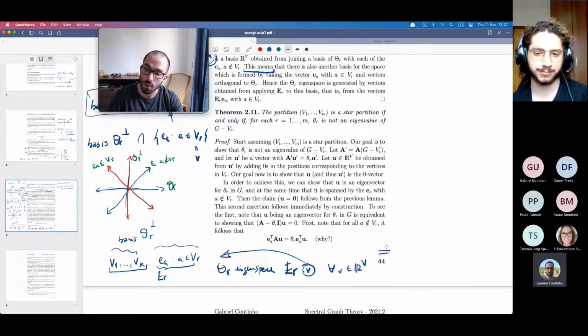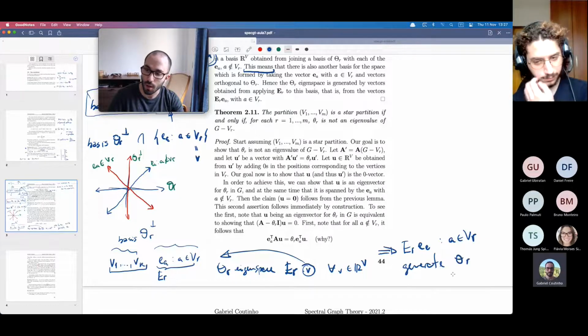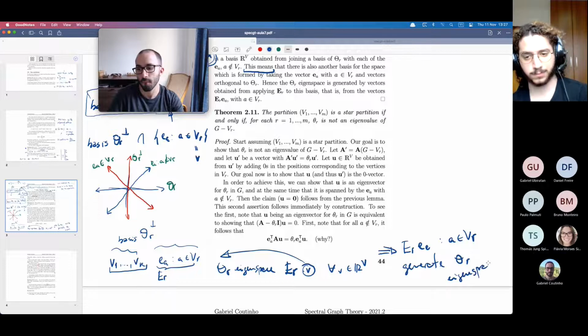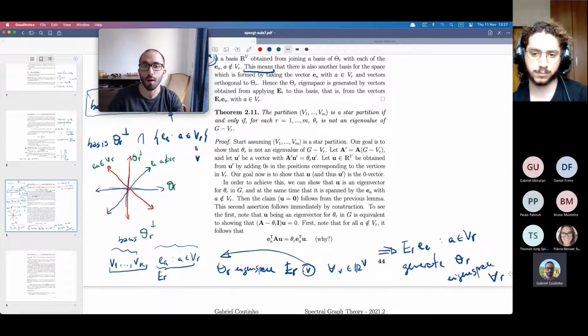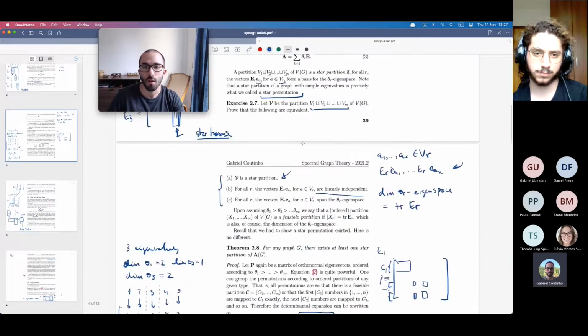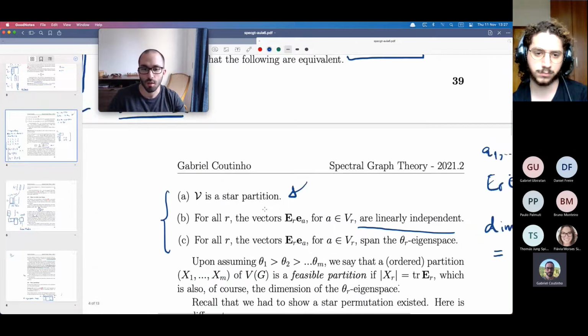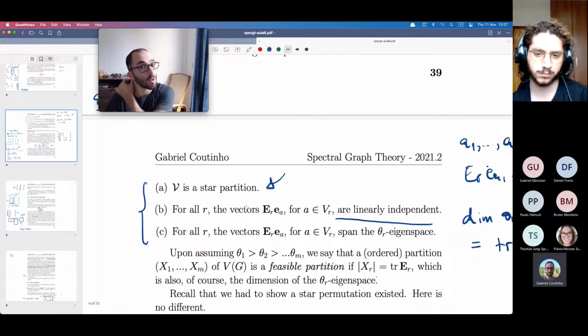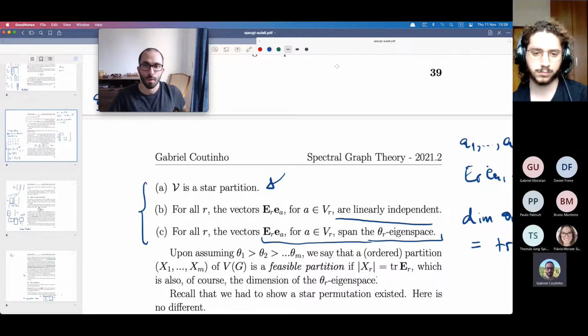So the conclusion here is that e sub r applied to e sub a for a belonging to vr generate the theta r eigenspace. Now this is true for all r. And there was an exercise last class, a very important exercise, that something is a star partition if and only if for all r these guys are linearly independent, which is if and only if for all r these vectors span or generate the eigenspace. And we are done.